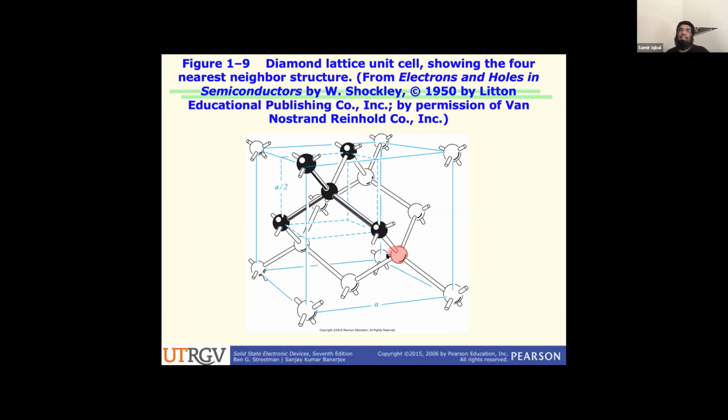Those are its nearest neighbors. This is the nearest one, this is too far away, this is too far away. The nearest ones are the ones shown, and here there is also one connection shown, and this one too, not just these 4.